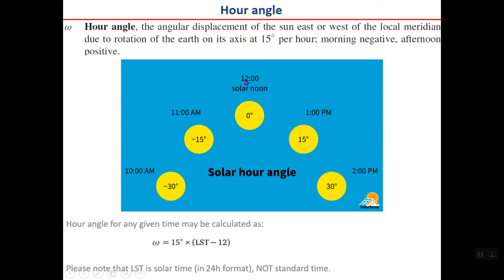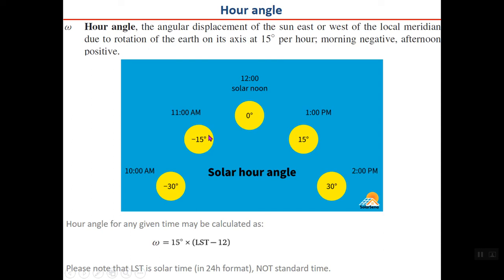So for solar noon, our angle is 0, morning negative, and afternoon positive. And for each hour, for example, from 12 up to 1 o'clock in the afternoon, the sun position changes 15 degrees. So instead of saying that it is 11 o'clock in the morning, you can say that the hour angle is minus 15.